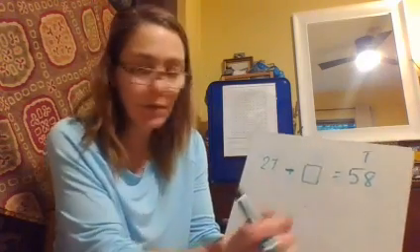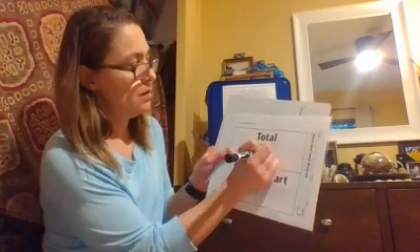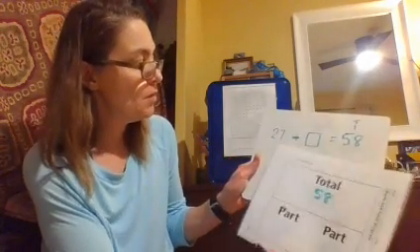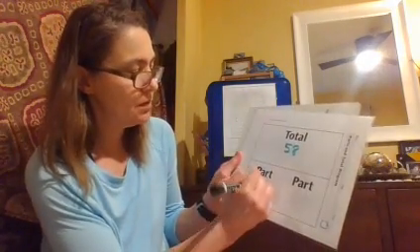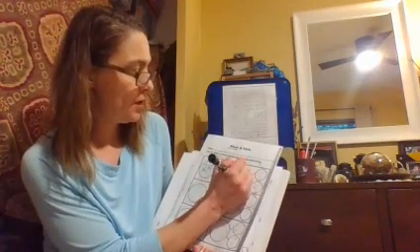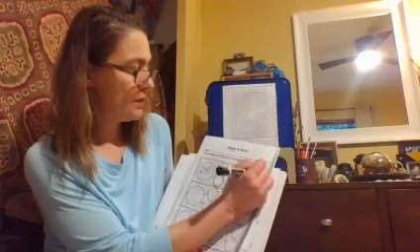And 58 is your total, so it would go into the total in the parts and total chart, and then you have one of the parts, which is 27. Okay, and for the number bond, you would have 58 and 27.